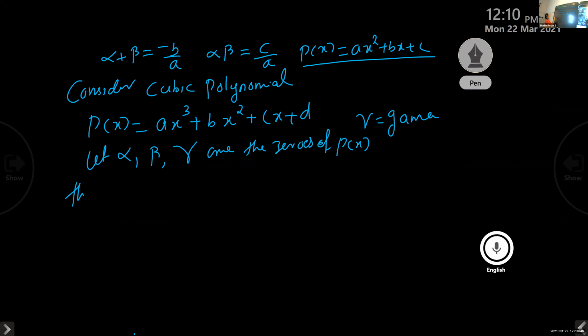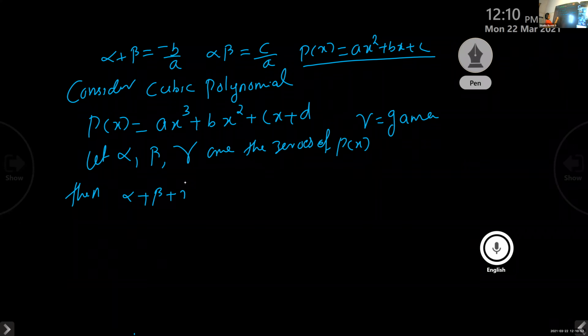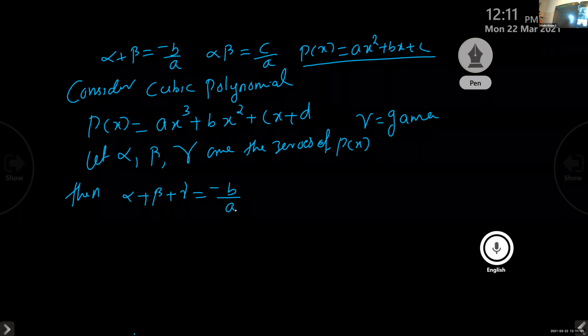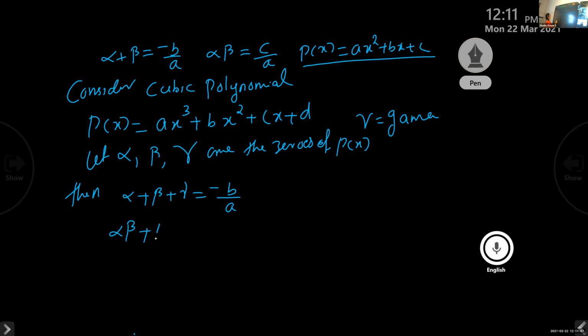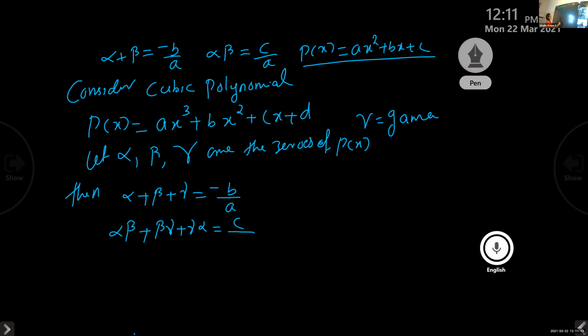Then the sum of zeros, alpha plus beta plus gamma, equals minus b by a, as in the quadratic polynomial. Then taking the zeros 2 at a time, alpha beta plus beta gamma plus gamma alpha equals c by a.